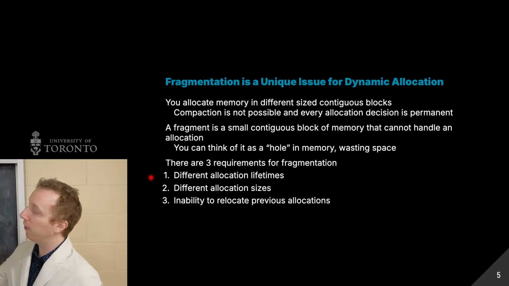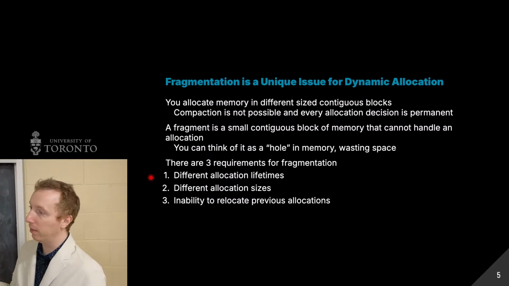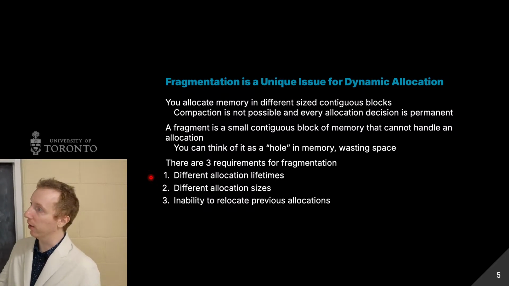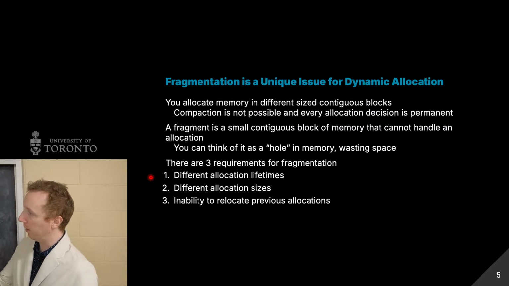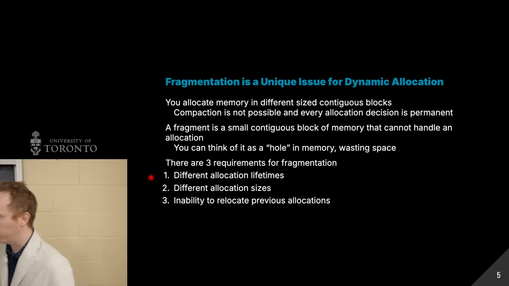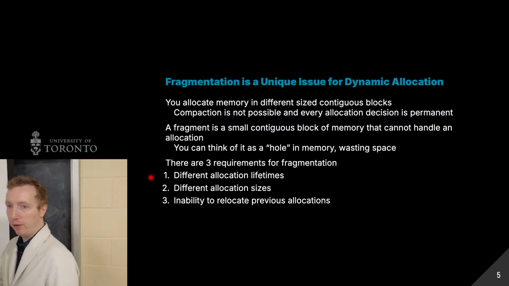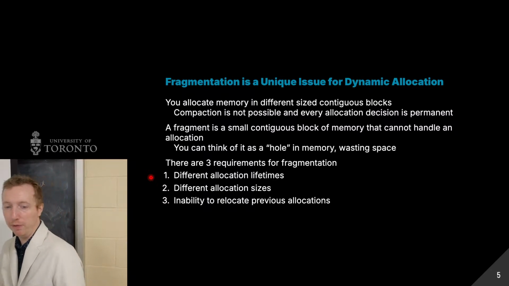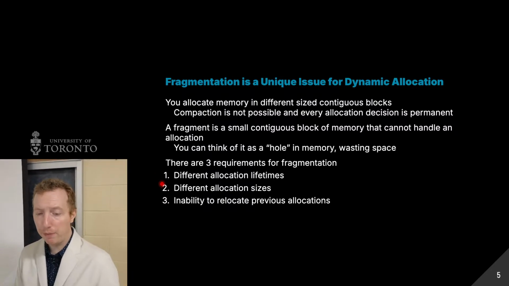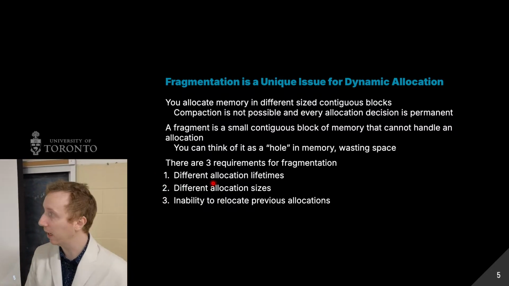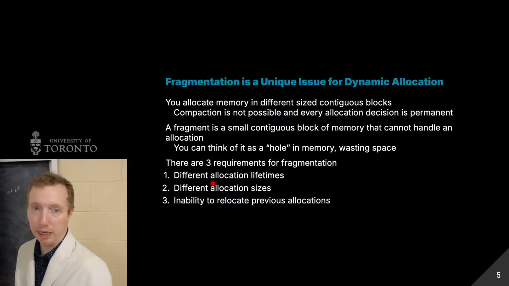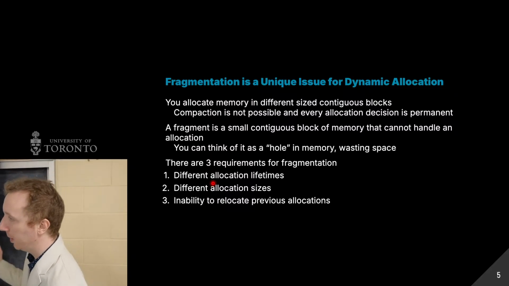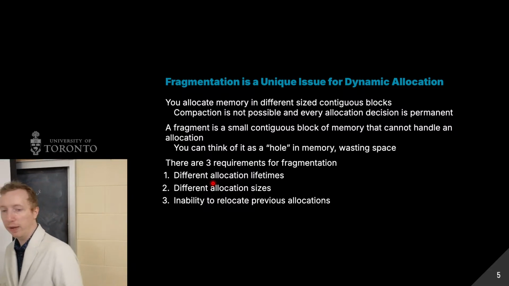Otherwise, if all the allocations had the same lifetime, so like they all live as long as a function lives, it doesn't matter. You can just allocate them like on a stack and then free them all at once. You don't have any wasted space because you just stack them on top of each other. If we have the same sized allocation, then that's like the whole thing of just using pages at a time. We don't have any problems because one page is just as good as any other page.